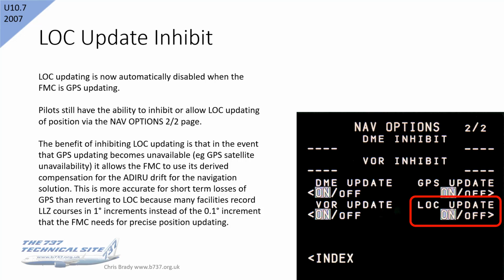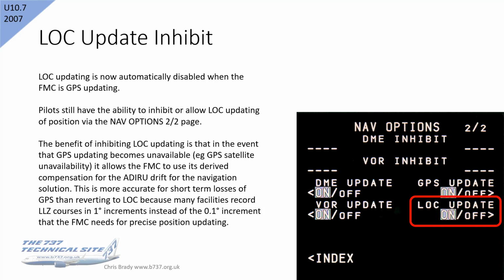It now no longer is, and the specific reason why lock update is not particularly accurate is because most facilities record localizer courses in 1 degree increments, instead of the 0.1 degree increment that the FMC needs for precise position updating.